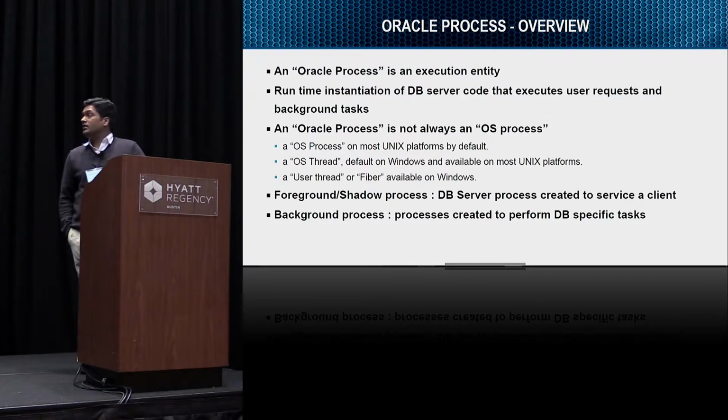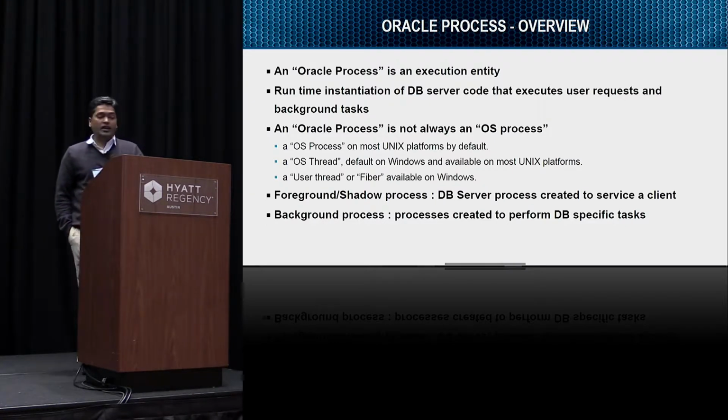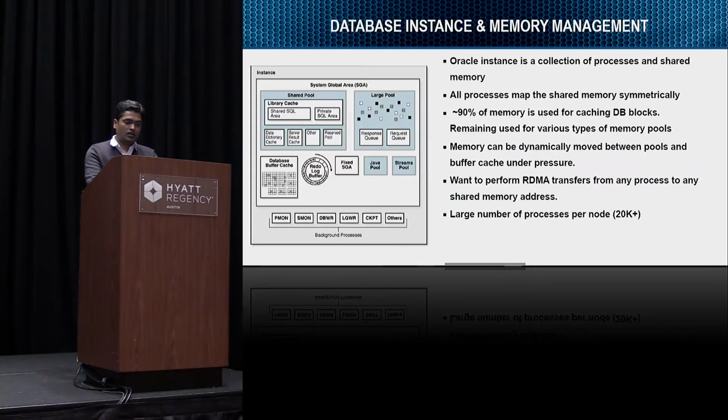Foregrounds are basically the DB server processes which are spawned on behalf of servicing the clients, and backgrounds are basically, you can sort of call them bookkeeping processes for the database server, which keep running in background, and hence the name background.